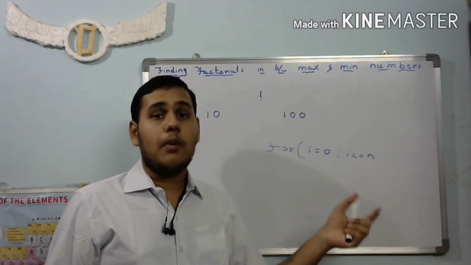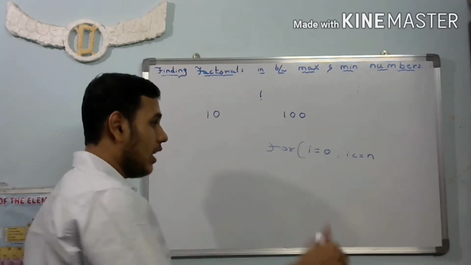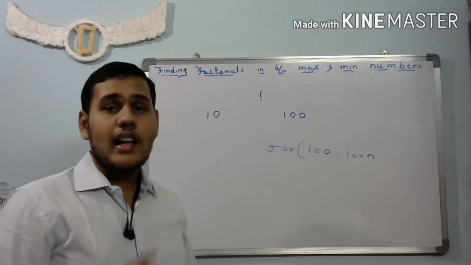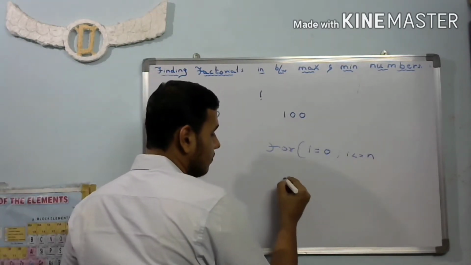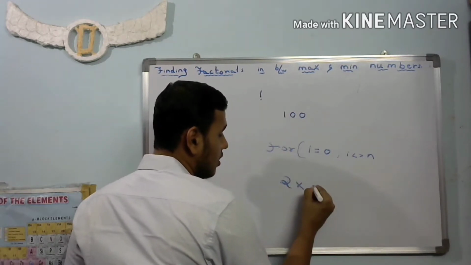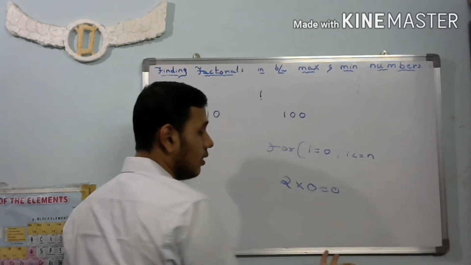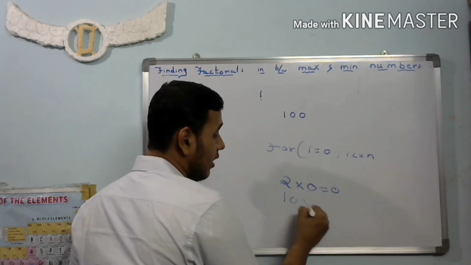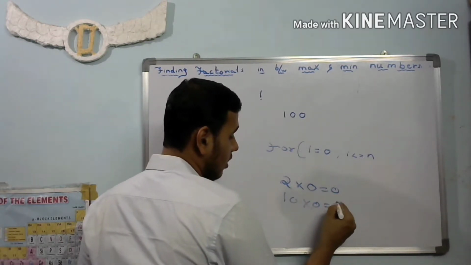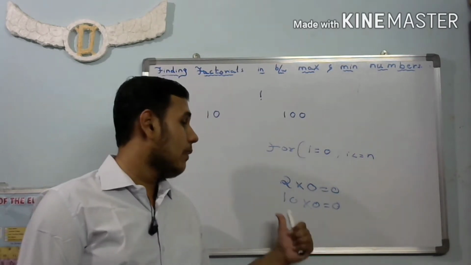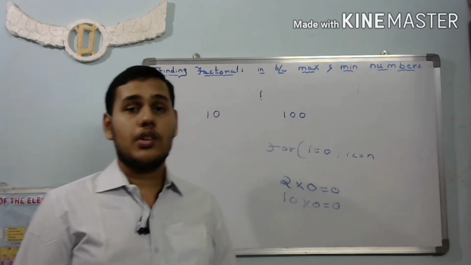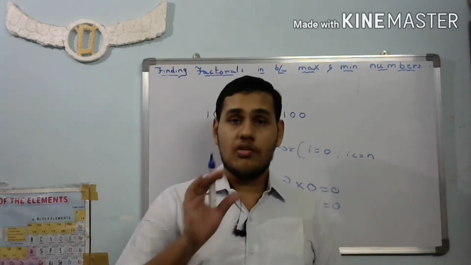But before performing any multiplication, we know that anything into 0 is always 0. For example, 2 into 0 is 0, 10 into 0 is 0. So the multiplication of any number with 0 always gives 0.